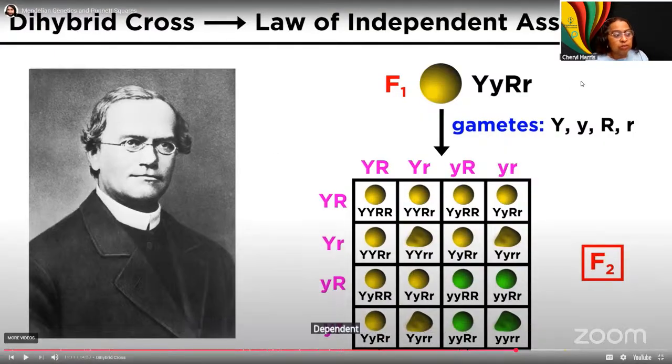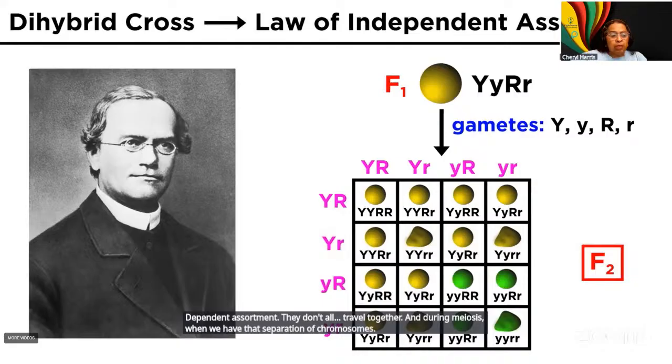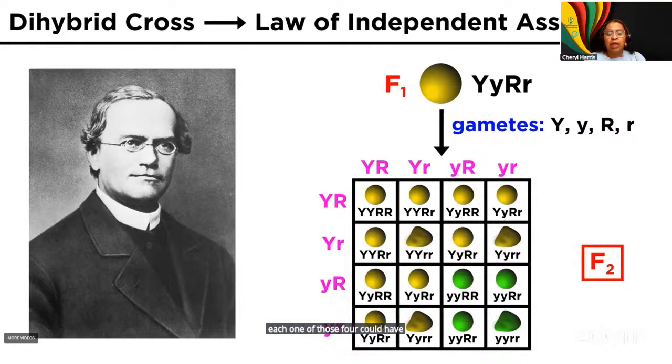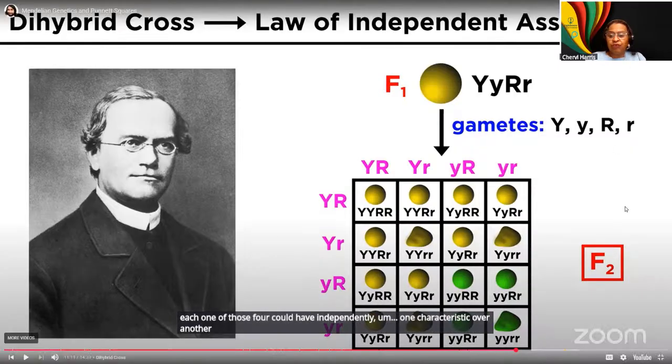They don't all travel together. And during meiosis, when we have that separation of chromosomes, one might go here and this one might be here and this one might be over here. Since there are 4 different cells that are produced at the end of meiosis, each one of those 4 could have independently one characteristic over another one. So we could have 4 different cells with 4 different characteristics in them.